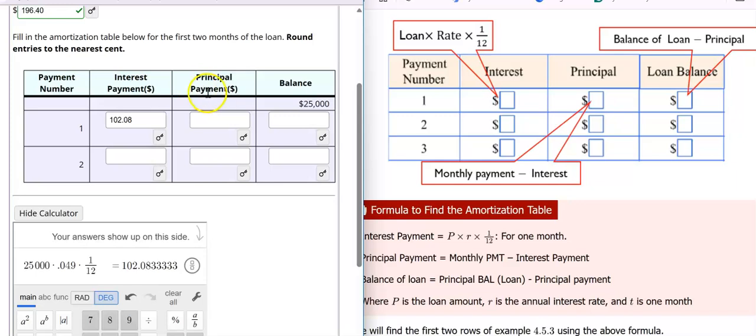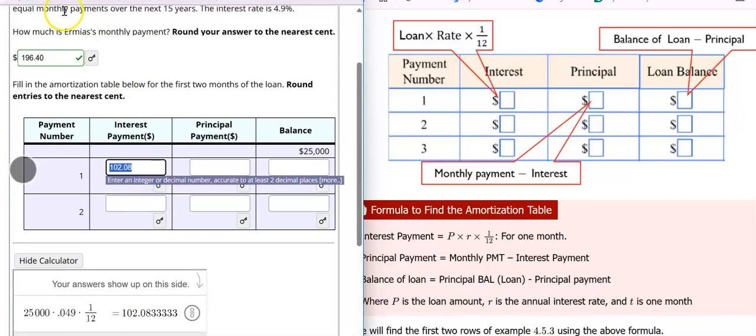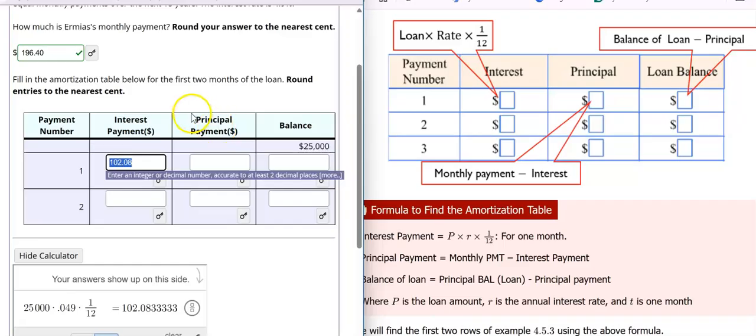That's the interest he paid in the first payment. Now the next question is: what's the principal payment? The formula is that principal payment equals monthly payment minus interest.